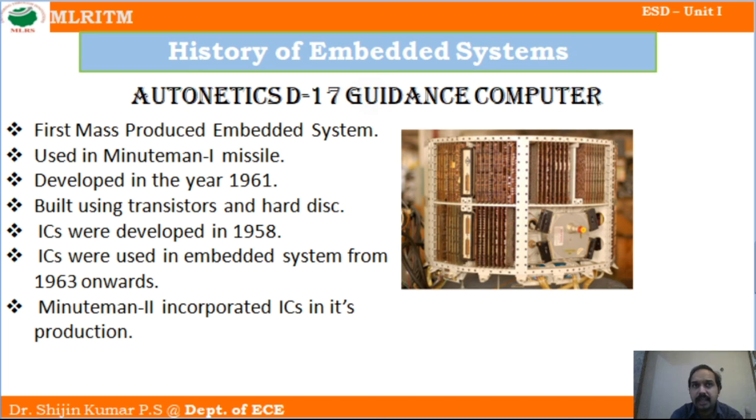Then after 2008 or 2009 we were using Arduino. With the Atmega microcontroller we have Arduino development boards, and we can develop embedded systems using those development boards. Then another mini computer evolved, the Raspberry Pi. So these are the developments that happened.